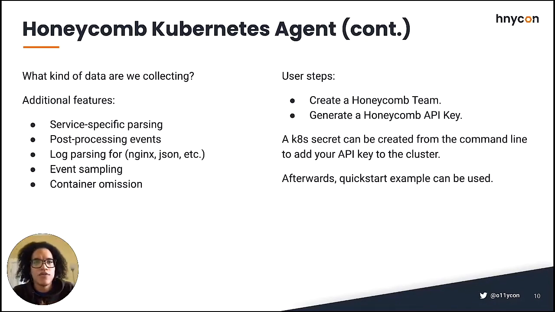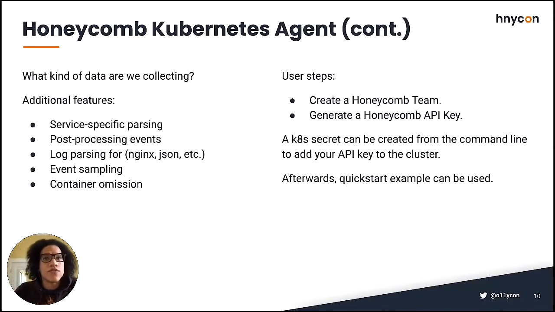So if I have a pod that has multiple containers within it, say I have some game server and it has a sidecar that does some initial bootstrapping or pre-world creation, and I don't want to collect any information about that pod specifically, I can omit it. So there's a config that I can write to specify, okay, this is a deny list. These are the pods in my infrastructure that I do not want any metrics from or any information about. Please omit them. I think that's pretty interesting.